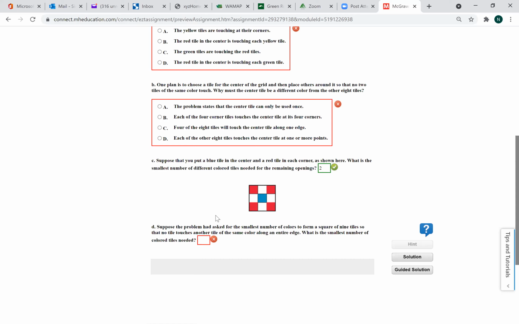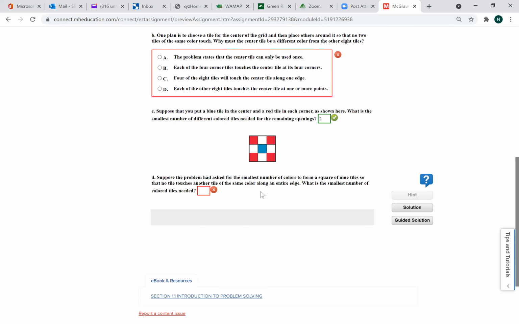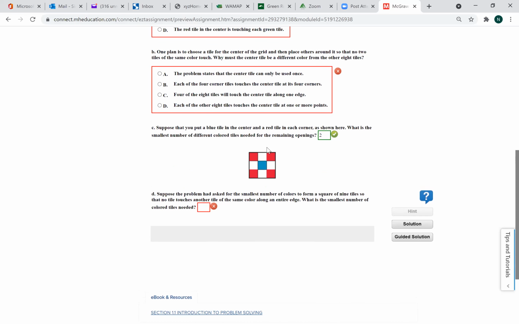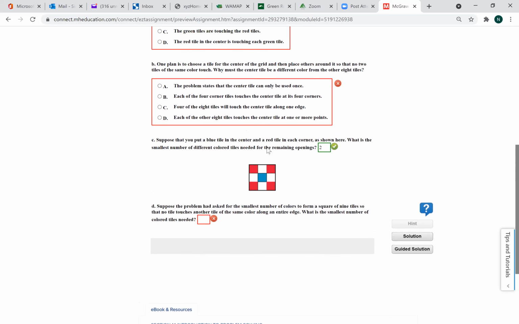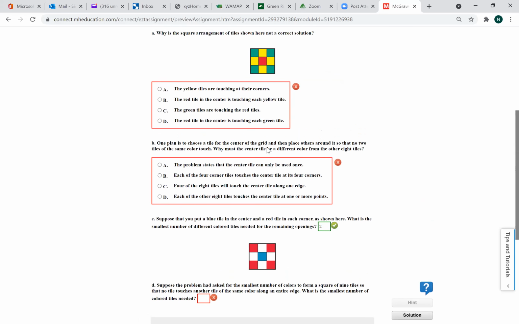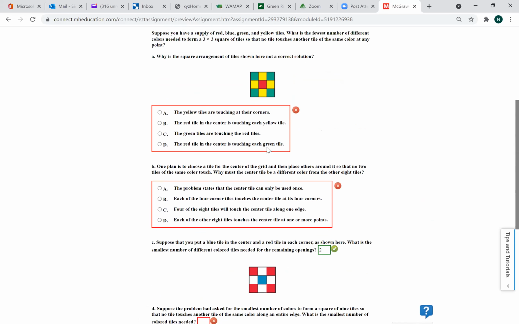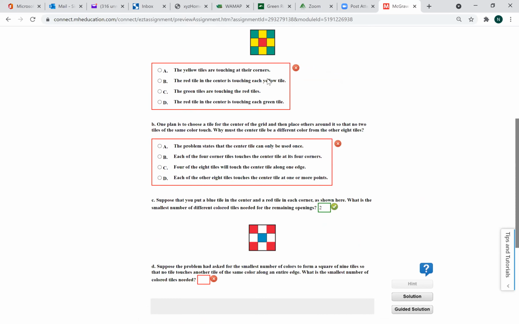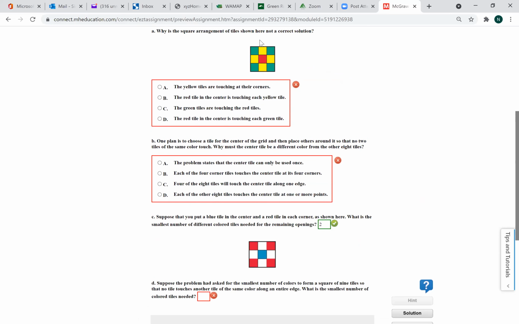So then suppose the problem had asked for the smallest number of colors to form a square of 9 tiles, which is the same number of tiles, so that no tile touches another tile of the same color along an entire edge. Now you're talking about edges. And I believe that would be 1, because I think that first tile up here would fit that, because no tile touches another tile of the same color along the entire edge.